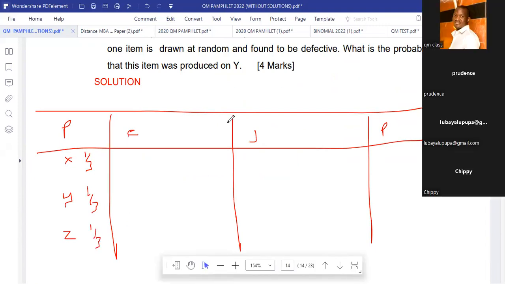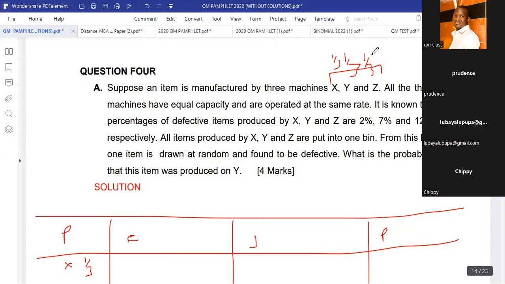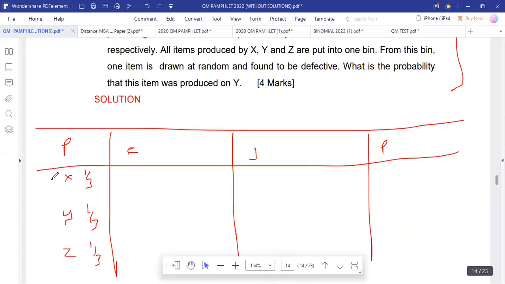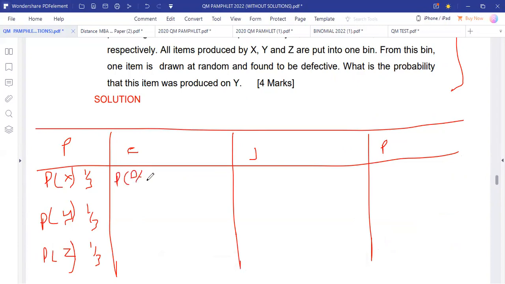Then we're told that X had what? 2%. So defective. So this is the probability of X, probability of Y, probability of Z. So defective coming from X was 2%.